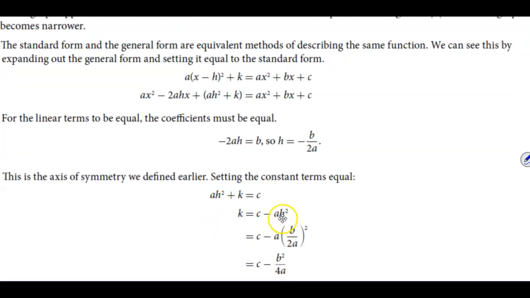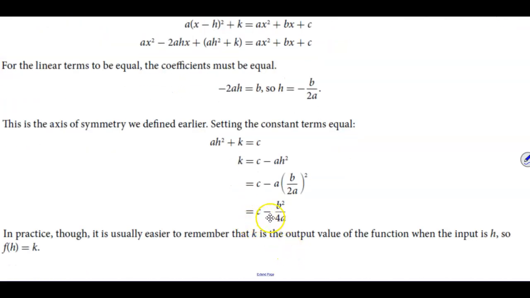And what do we know about h? Well, we know that h is equal to negative b over 2a. So if we plug that in and then square it, we would get b squared over 4a squared, and then we can eliminate one of the a's, and so we end up with c minus b squared over 4a.